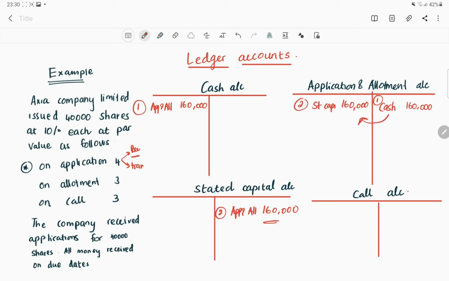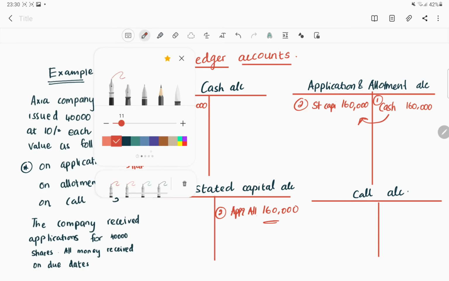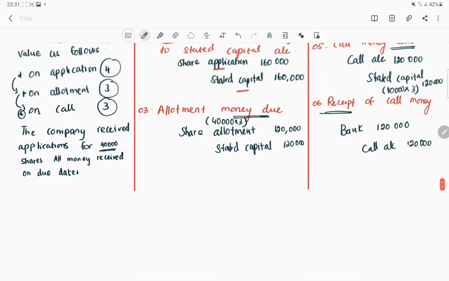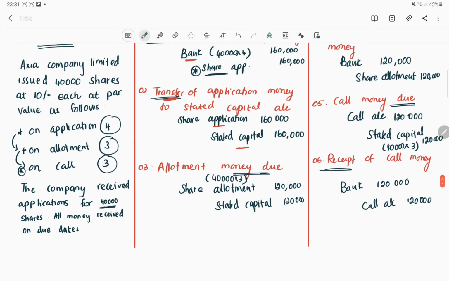Right. So secondly, on allotment, again I have to record the due entry first, and then the cash that I have received on the allotment. So the due entries would be like this. First of all, I have to take the money out of the allotment account and put it into the stated capital account. And since 40,000 shares are being issued at 3 for allotment, my total value would be 40,000 into 3, 120,000.